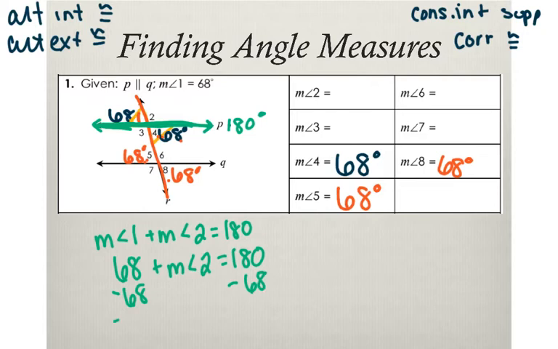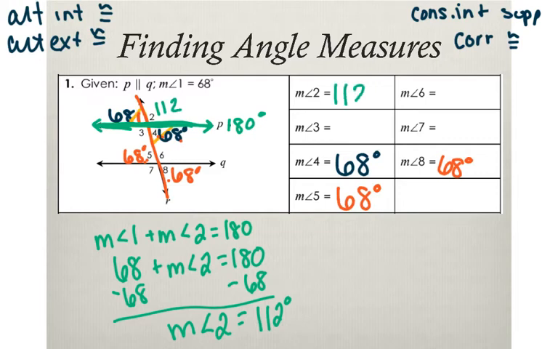So subtract 68 from both sides, you get the measure of angle 2 to be equal to 112 degrees. So the measure of angle 2 is 112. So you just found another one of your angles.